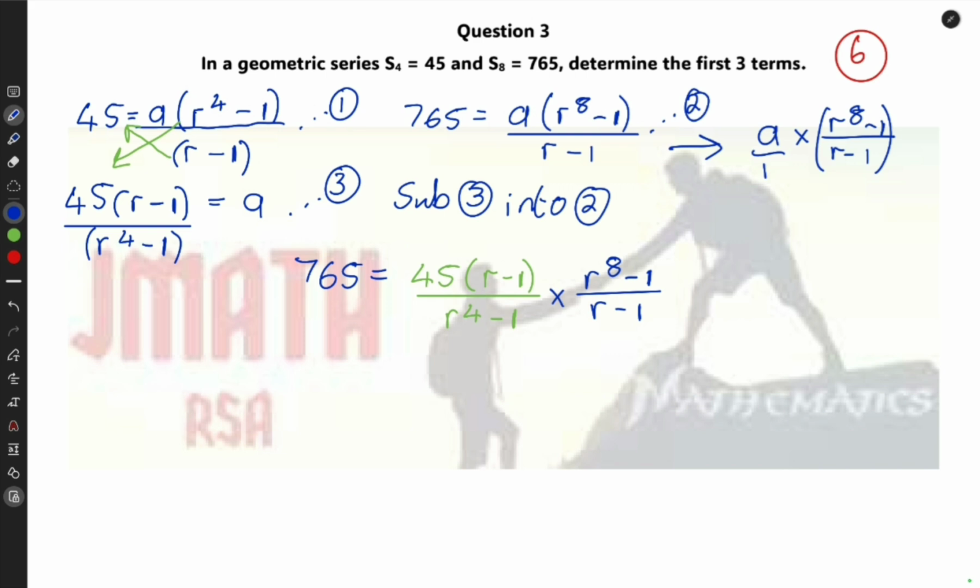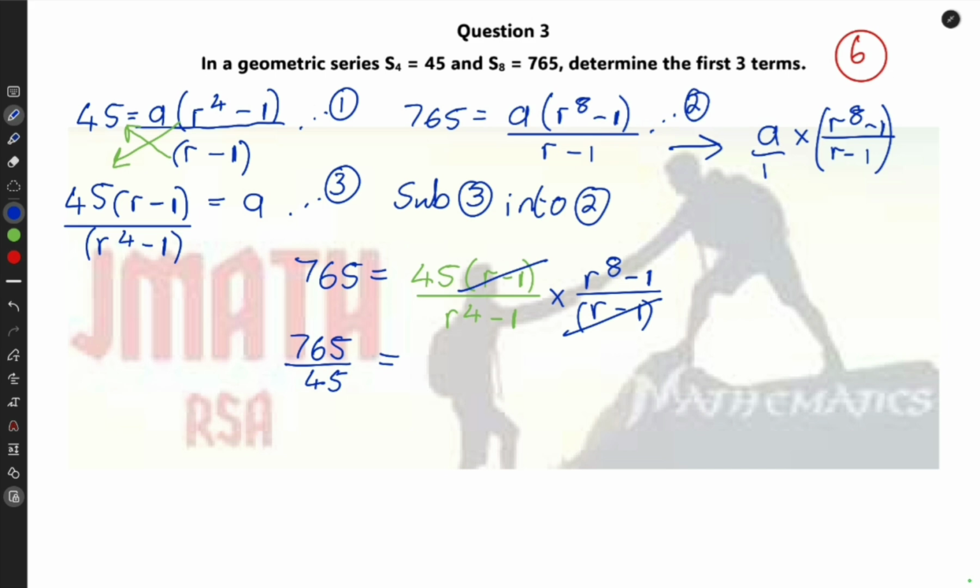So I want to get r alone. Now there's many r's in this case, but I can already say this bracket would cancel that bracket. Okay, I'm going to rewrite this now. I want to move the 45 over, so over 45. And then I have (r^8 minus 1) over (r^4 minus 1). r^8 minus 1 is actually a difference of squares. Both of them are, but a tip: never do all the difference of squares at once.